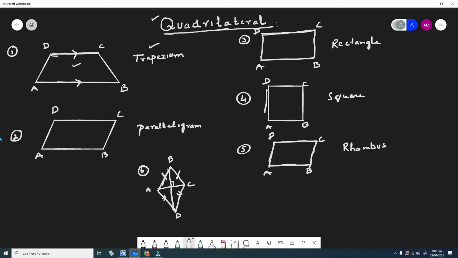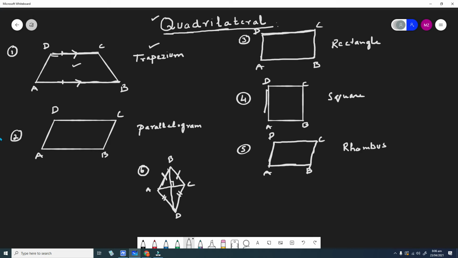This is the basic aspect of the definition of the trapezium: a quadrilateral having one pair of parallel sides.